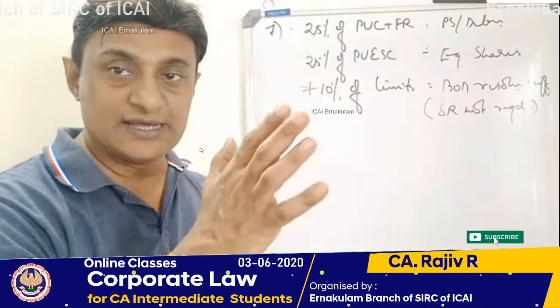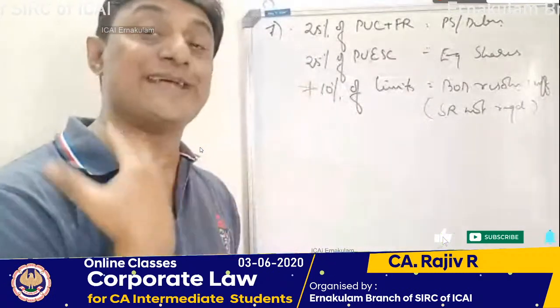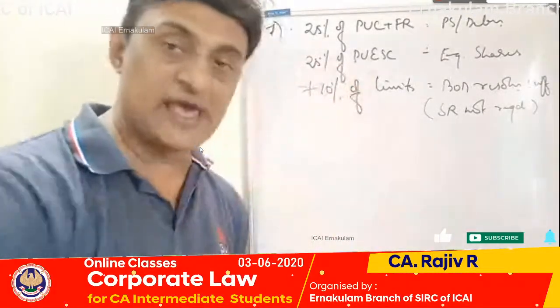Get it? So I'm introducing two numbers here, 25% and 10%. So this will be our condition number 7.